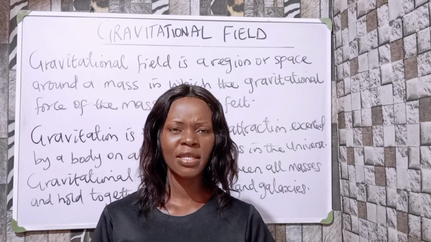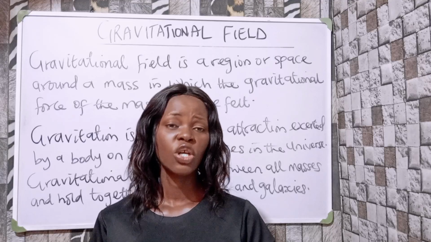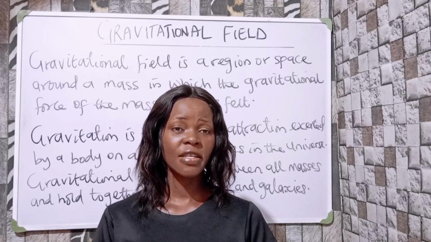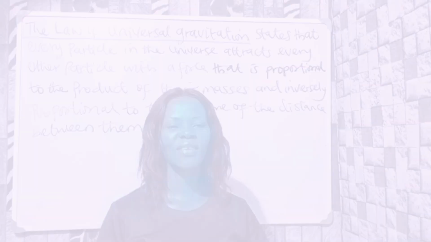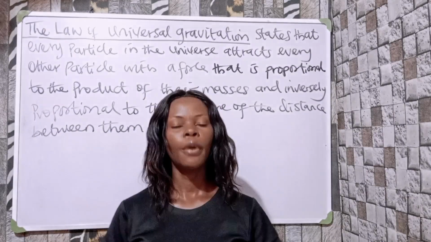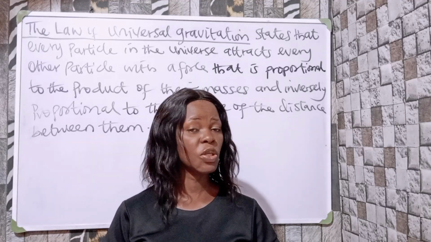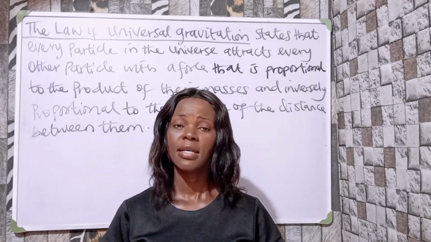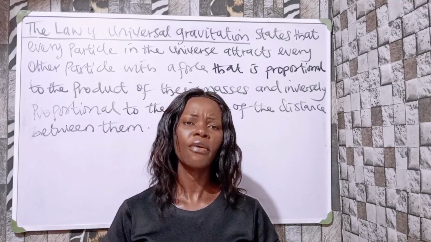So you're going to look at this law and see whether you can apply it to solve problems, to see how this force affects the different masses of objects in the universe. Stay tuned. Sir Isaac Newton proposed a relationship between the gravitational force of attraction between two masses and the distance between them. And he stated the law of universal gravitation.